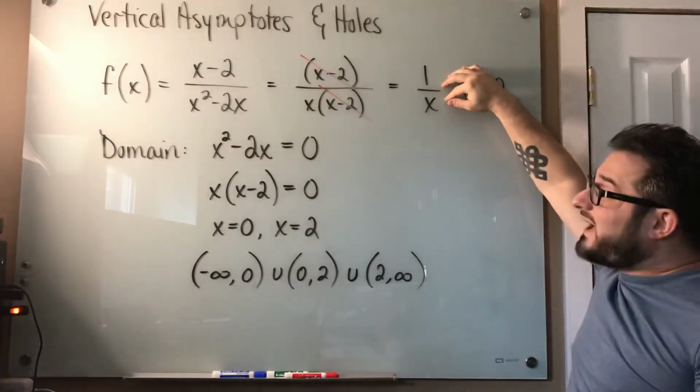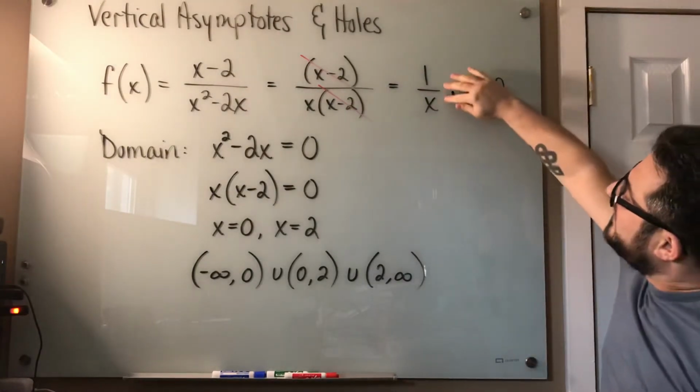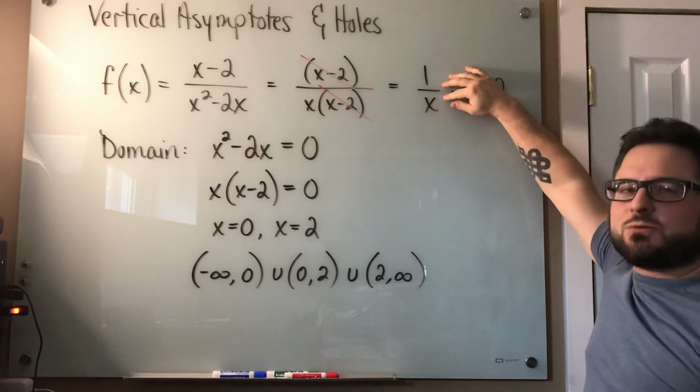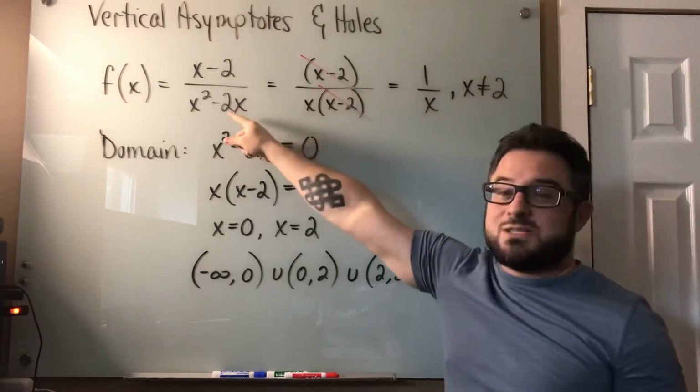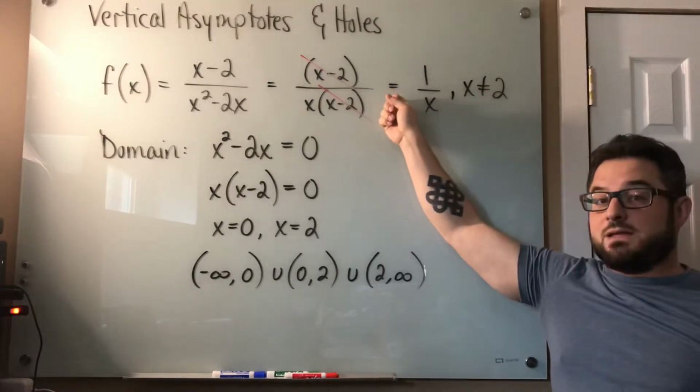If we remove the factor, we accidentally remove the gap. So just 1 over x by itself has no problem whatsoever with x equals 2. But the original function did, and we have to preserve that if we truly want them to remain equal.